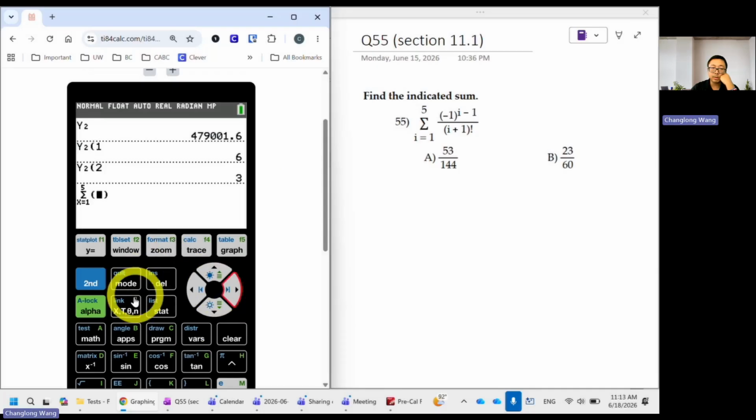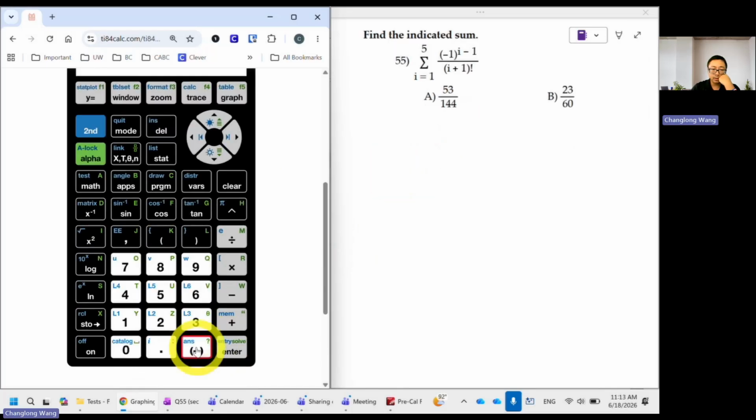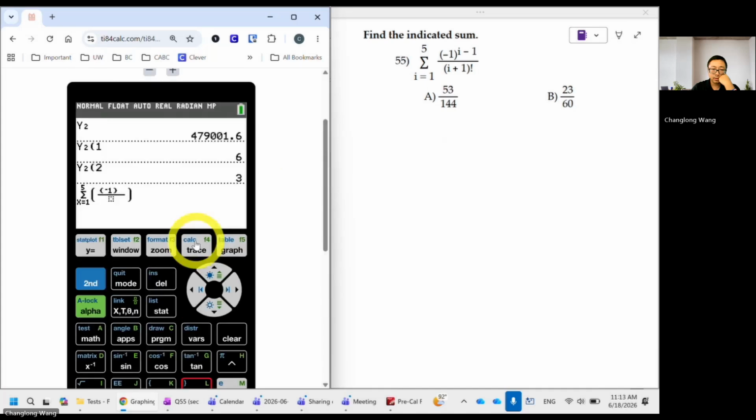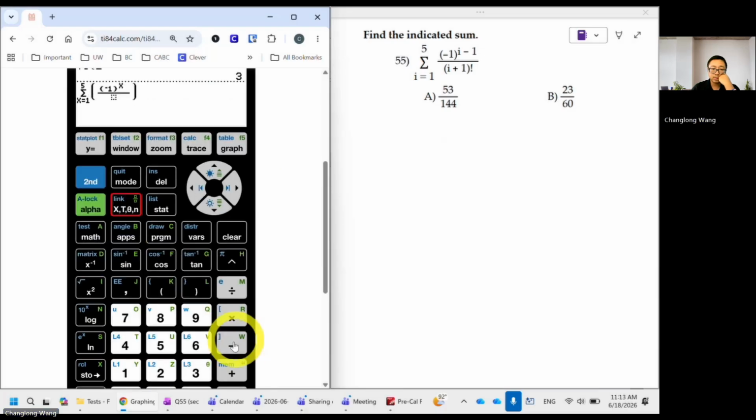So I need to type it up. Again, the reason why I like the CE is I can organize my work to make it look just like what you see on the paper. So I have -1 to the power of i plus 1, but instead of using i, I'm using x: -1 to the power of x minus 1, over x plus 1 factorial.